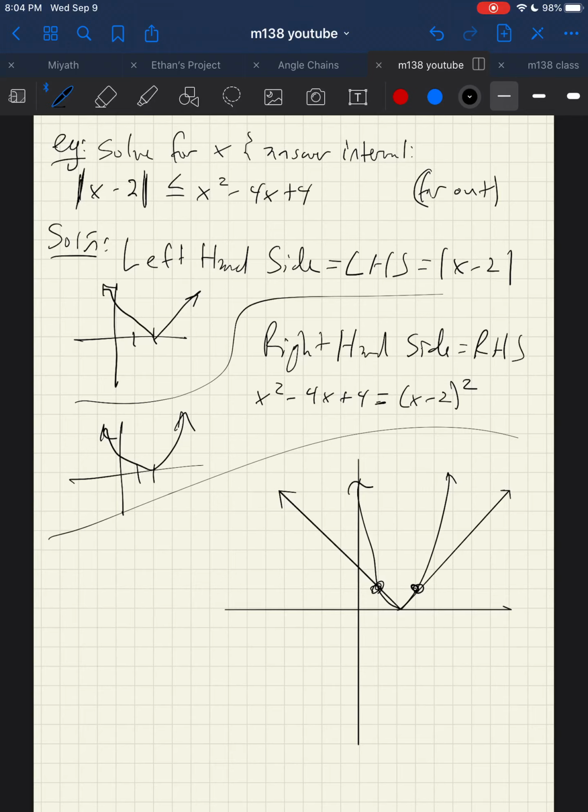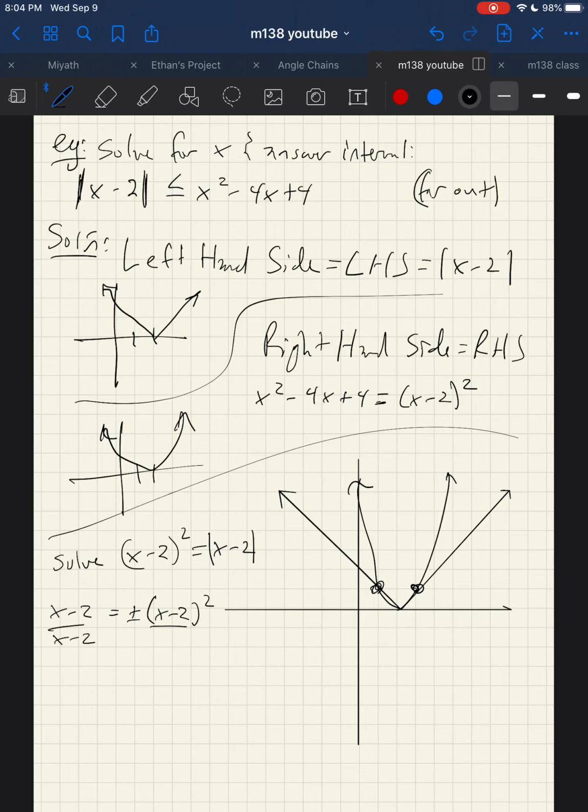You can also check this by solving the equation x minus 2 quantity squared equals the absolute value of x minus 2. When we solve this equation, it's either plus or minus this thing squared. So we've got x minus 2 equals plus or minus x minus 2 quantity squared.